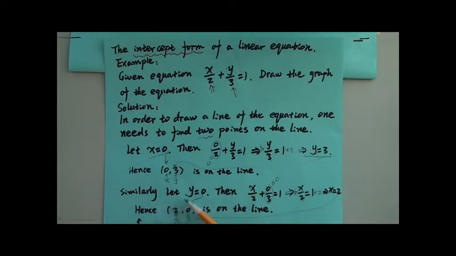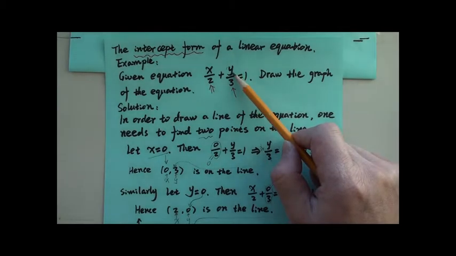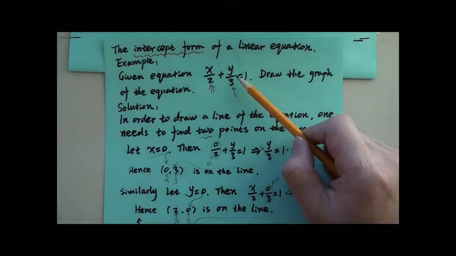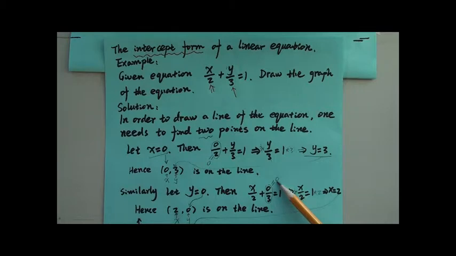Similarly, we can let y be 0. If y is 0, put here, then x over 2 plus 0 over 3 equals 1. So 0 over 3 is 0, and we don't need to write that. And then the left hand side is just x over 2, so it's right here.